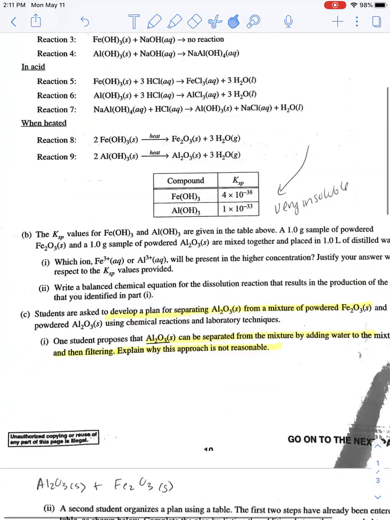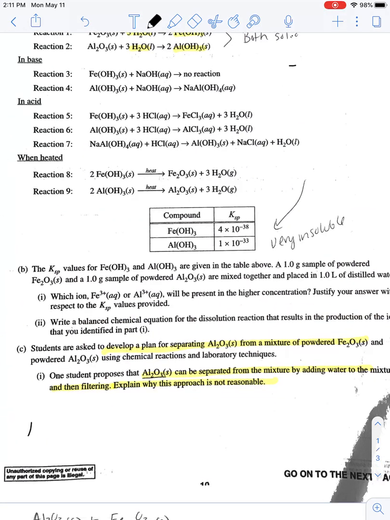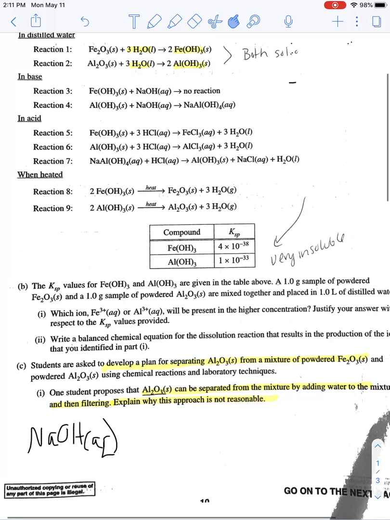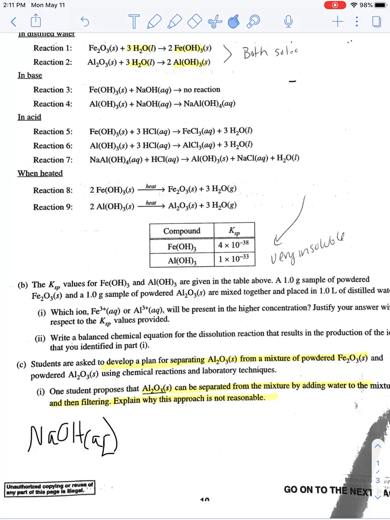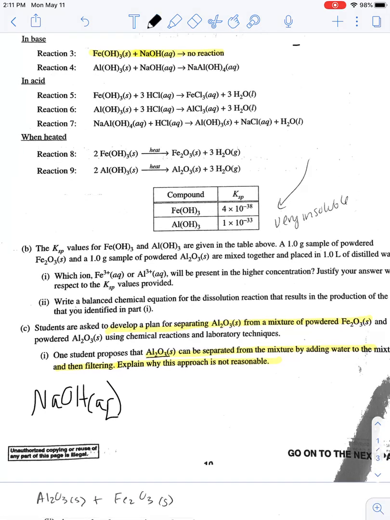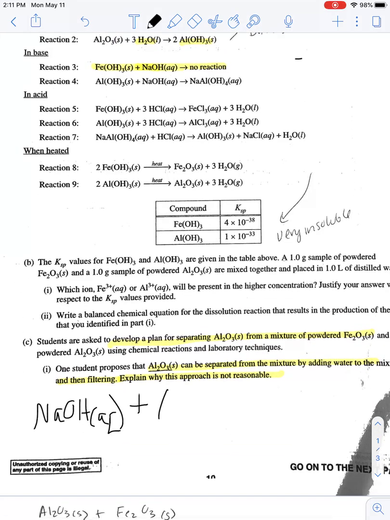They are going to add NaOH, which is a base and is aqueous, to the whole mixture. When you add NaOH, there's no reaction with Fe(OH)3. So NaOH is added to Al2O3 solid plus, because the other stuff is in there too, Fe2O3 solid.